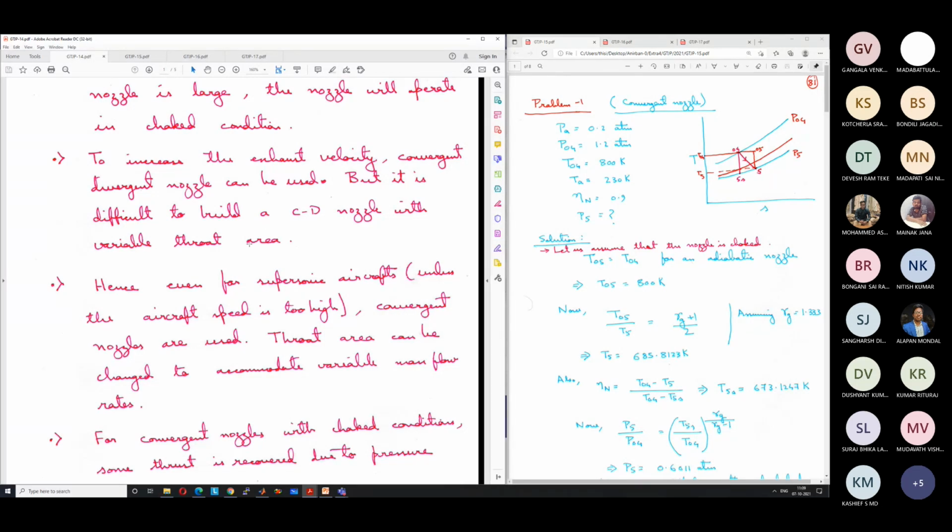Hence, even for supersonic aircraft, convergent nozzles are used, not convergent divergent, unless it's a very high-speed aircraft. Most supersonic aircraft use convergent nozzles, where the throat area can be changed to accommodate variable mass flow rate.